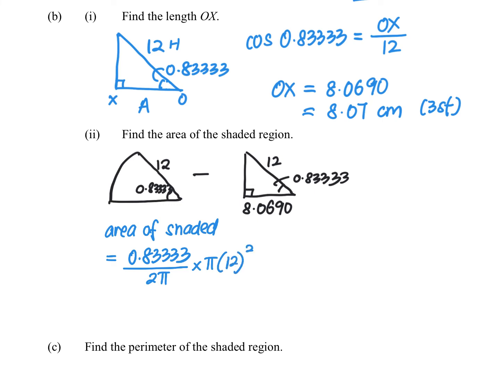You notice what can be cancelled away? The pi can be cancelled away. Minus the area of a triangle, we can use half AB sine C. Right? And simplifying, we should be able to get our answers.